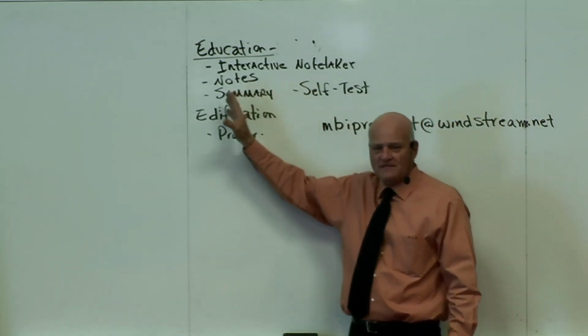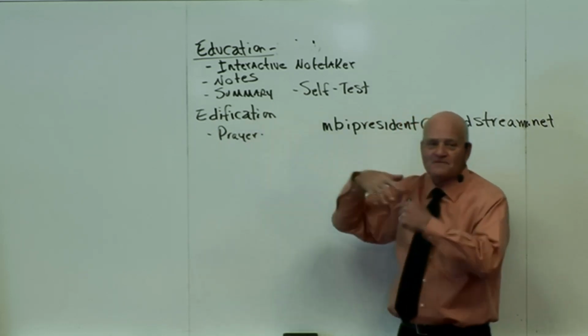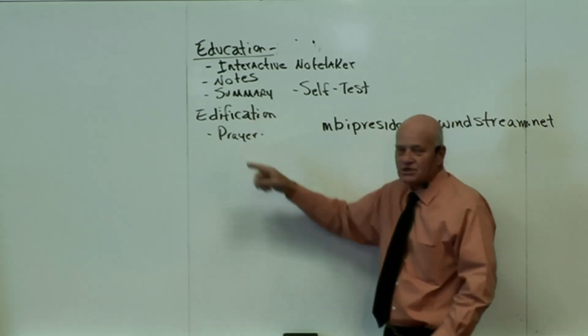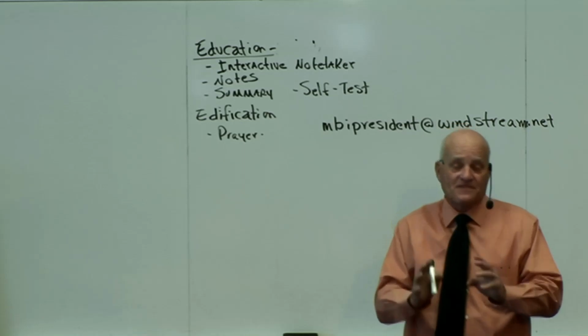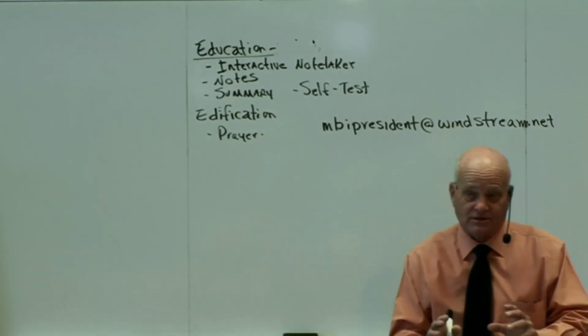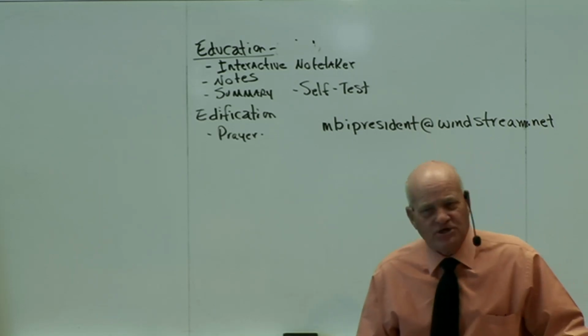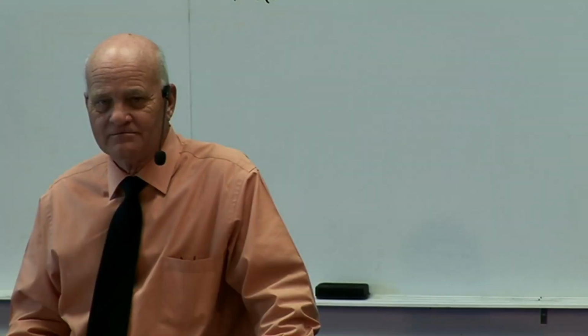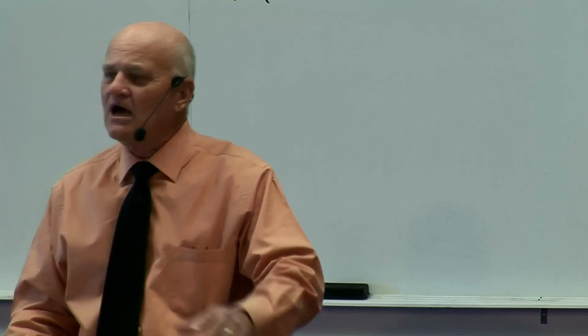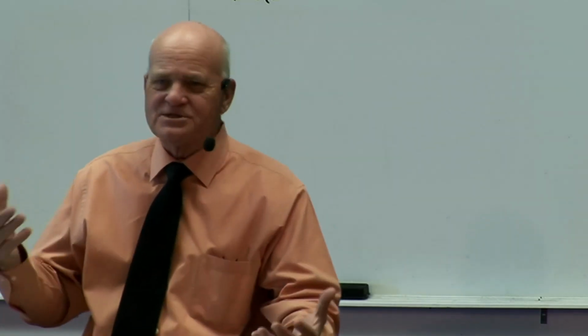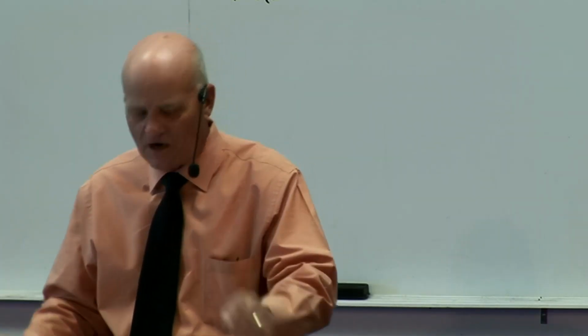Then once you've done that, for the edification part of the process, read everything in the prayer section. And go through that. This is you talking to your Heavenly Father. So if it's a little clumsy at the first, it's okay. All right.